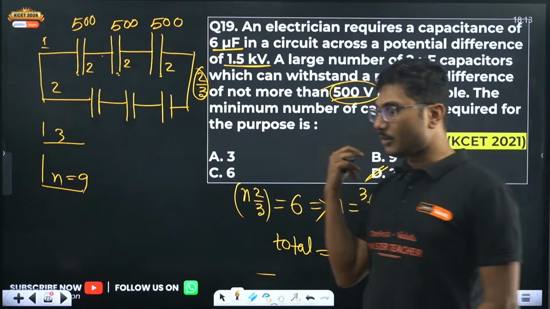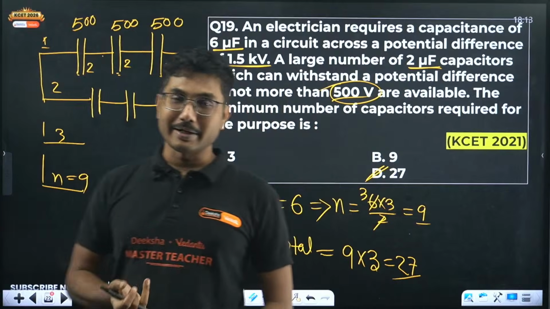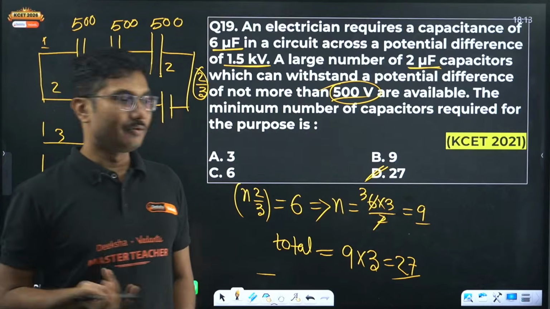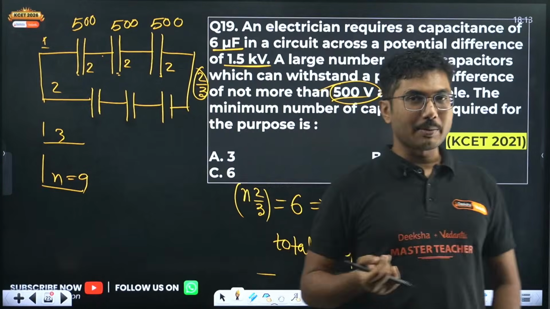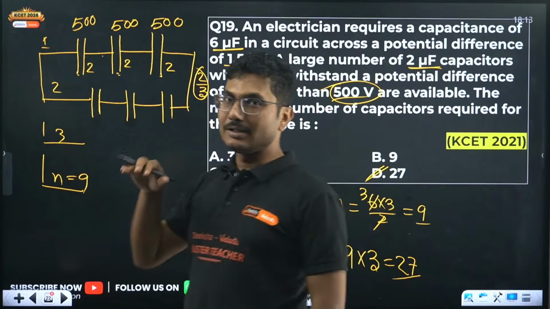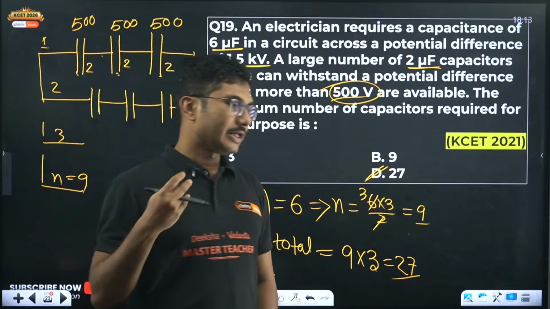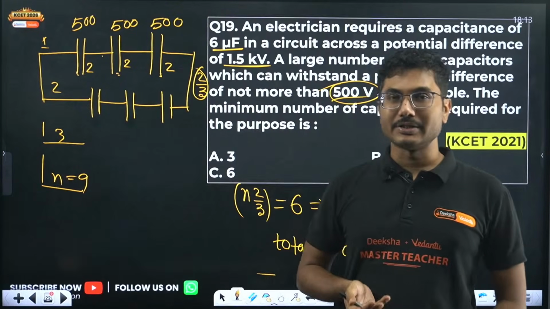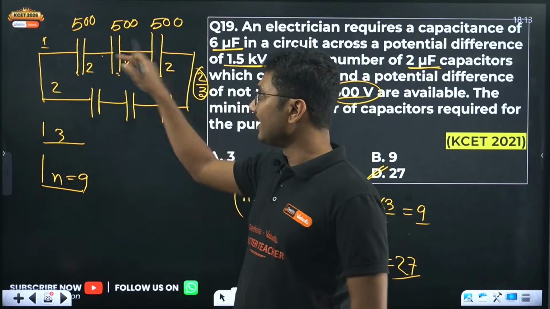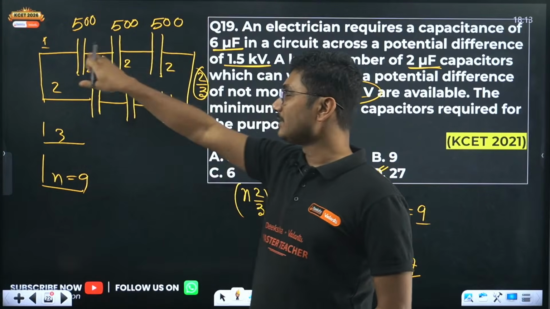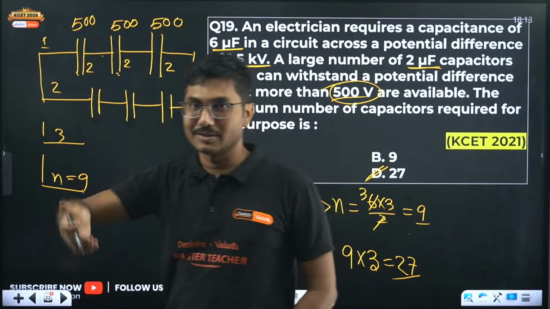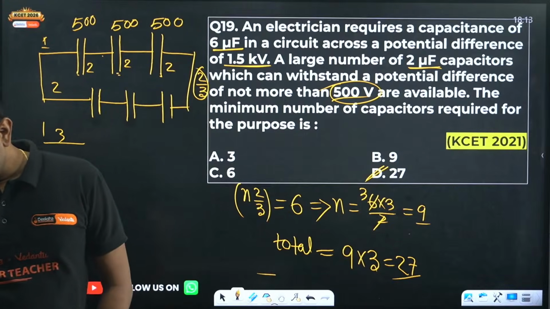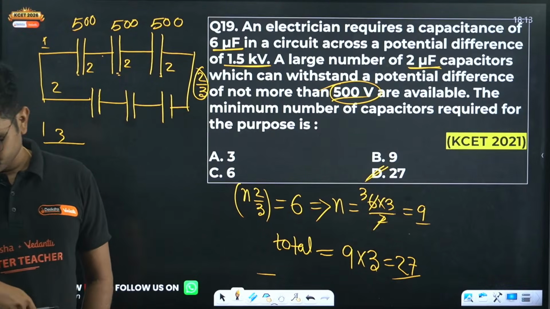They tried to make this question even more complicated by adding eels. Those who have solved COMEDK papers know there are eels. Eels are a type of fish that generate electricity, so instead of cells or capacitors, they give eels. So yes, it's a tricky question.